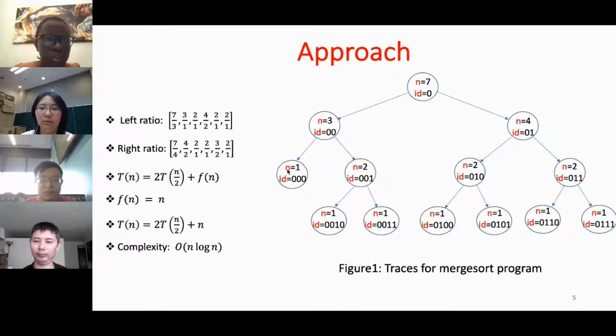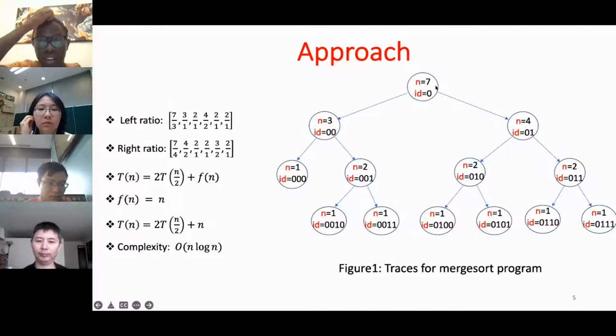So Dynaplex takes these traces and computes the ratio between the size of input at a current node and the size of input at its child nodes. With the left child, for example, from the root node, we have 7 divided by 3, and 3 divided by 1, 2 divided by 1, and so on.